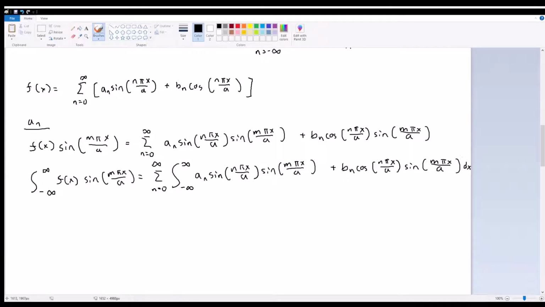Now, one of the first things defined at the start of this problem was that f of x is only valid from negative a to a. So our integral actually isn't from negative infinity to infinity. It's actually from negative a to a, because everything outside of that falls away.